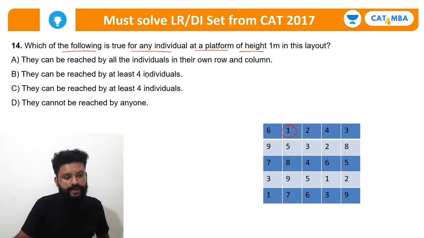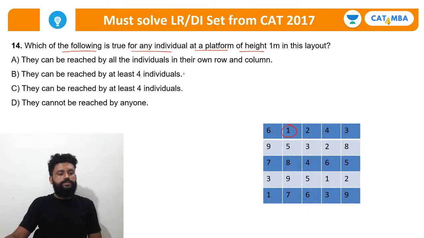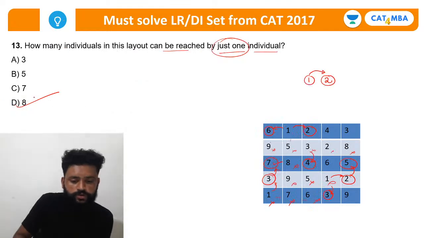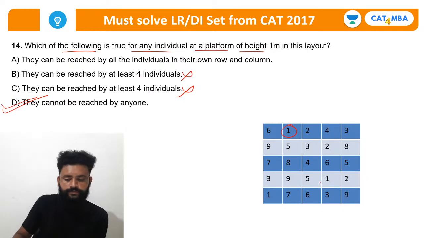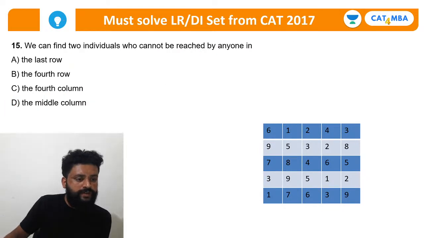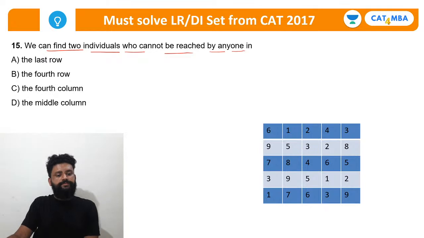They can be reached by at least... they cannot reach. So the first question was slightly lengthy to solve. 14th is easy. 15th, we can find two individuals who cannot be reached by anyone.